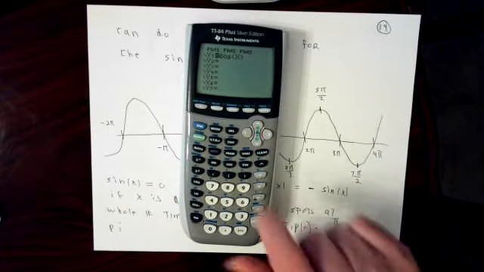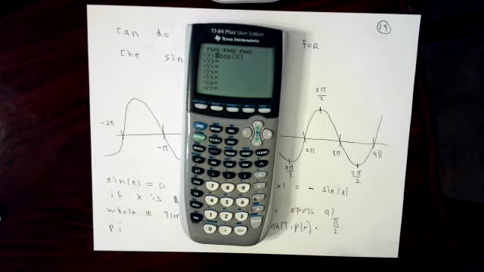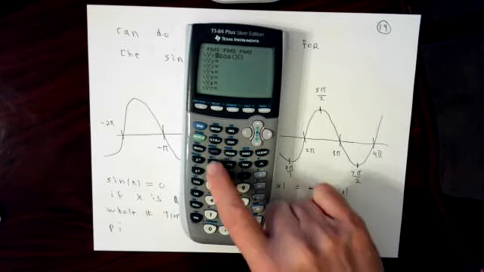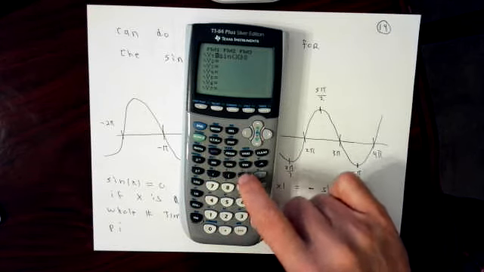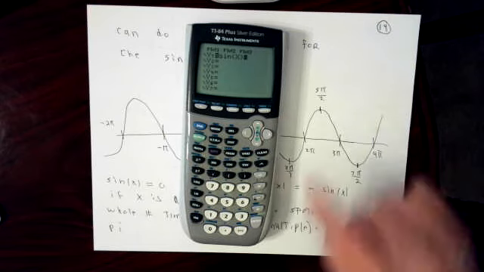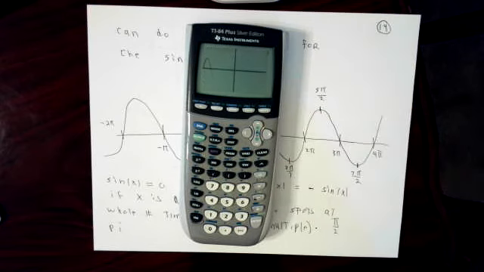As a sanity check, I'm going to go in and change y equal cosine x to y equal sine x, and leave my window settings alone. And as you can see, the graph looks like we claimed that it was going to look.